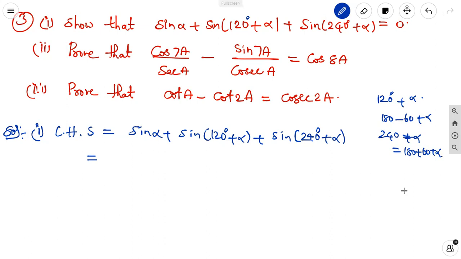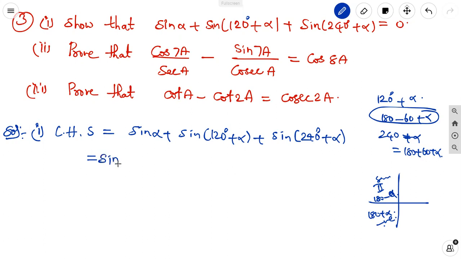So we know that in the second quadrant, sin is positive. In the third quadrant, sin is negative. So 180 minus alpha comes in the second quadrant, 180 plus alpha comes in the third quadrant. So here first we can write in the form of 180 minus 60 plus alpha, and 240 plus alpha can be written as 180 plus 60 plus alpha.